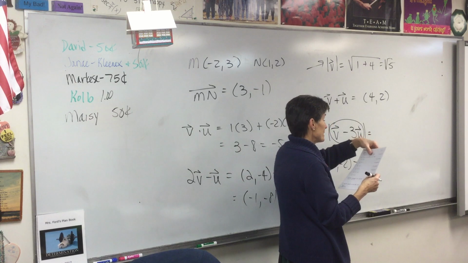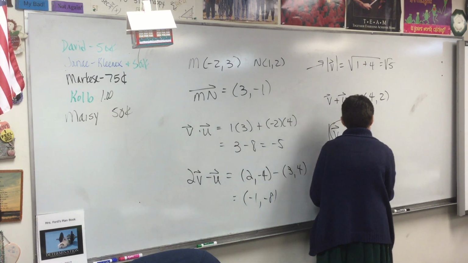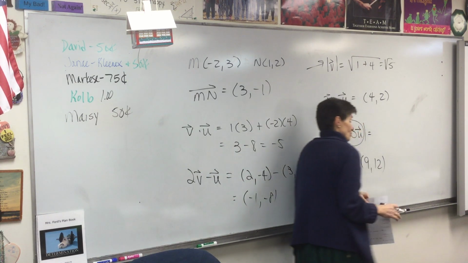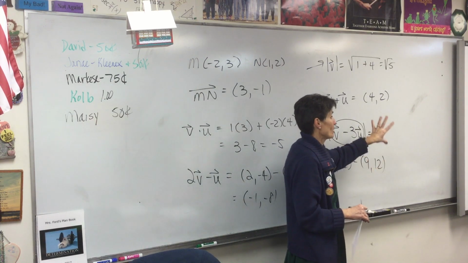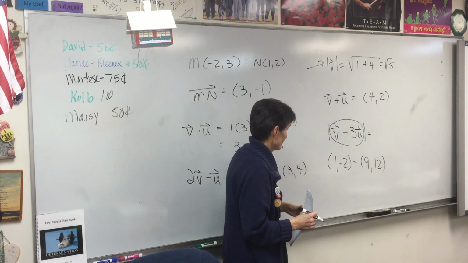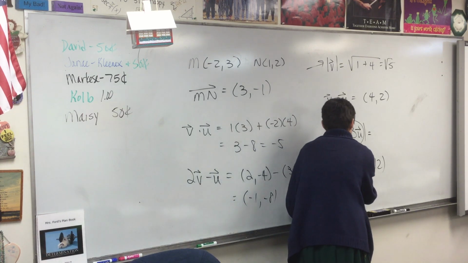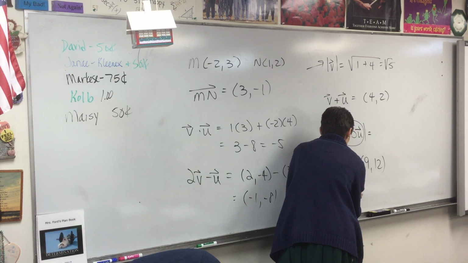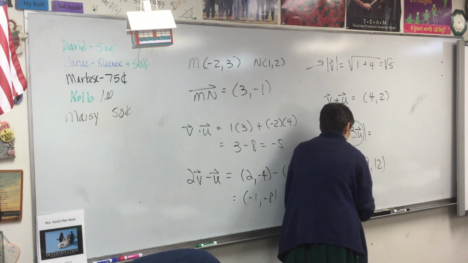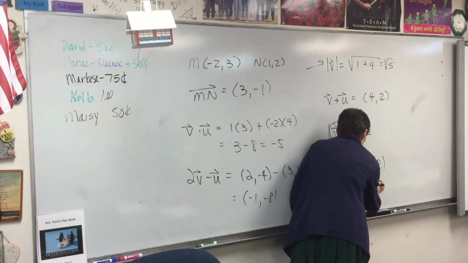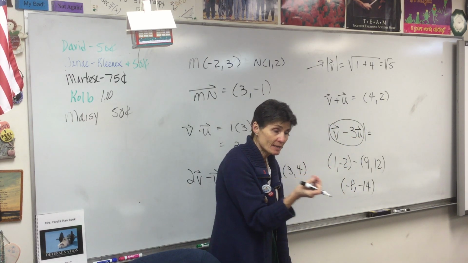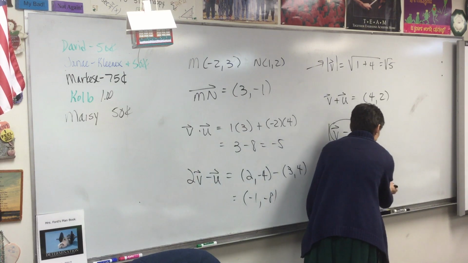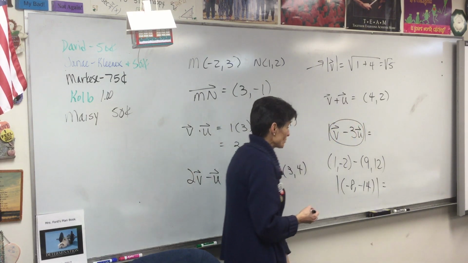Now what would 3 U's be? 9, 12. So I am taking V minus 3 U's. So 1 minus 9, -2 minus 12. -14. Now that's not it. That's what's inside.